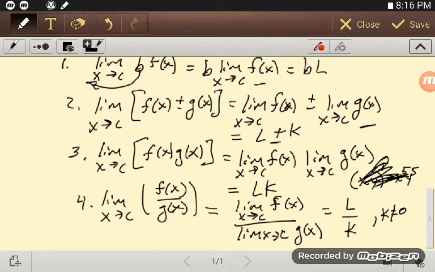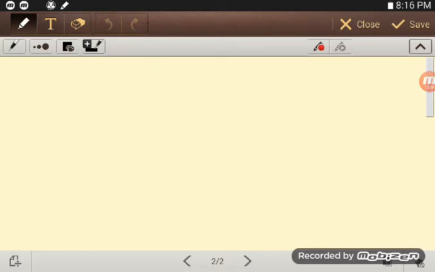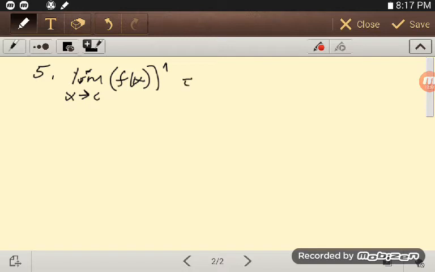And then finally, the rule on powers. Now, I don't think there's any great news here because of the product part, but we can also do powers. The limit as x goes to c of f of x to the n, well, that's the same thing as the limit as x goes to c of f of x all to the n, so that is L to the n.